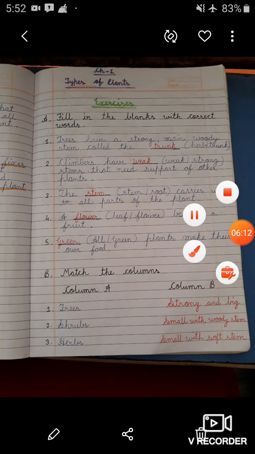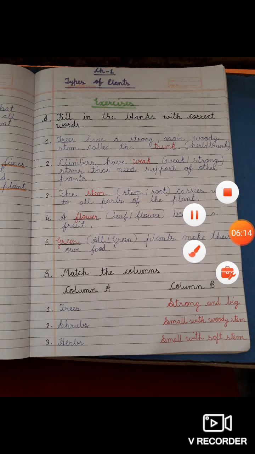The next one, blank, leaf or flower becomes a fruit. Flower becomes a fruit, so you have to write flower, F-L-O-W-E-R, flower. The fifth one, blank plants make their own food. As you know, green plants make their own food, so you have to write green.